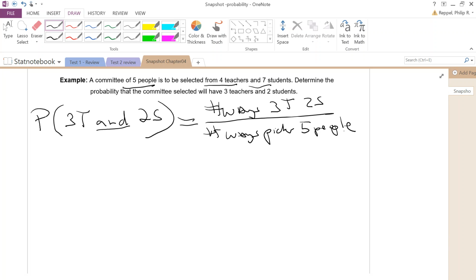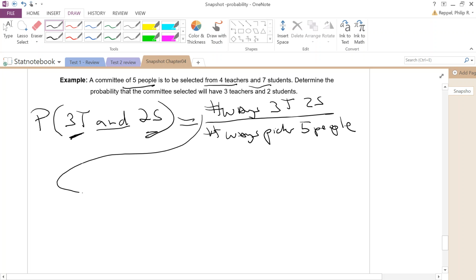I just need 5 people. But I'm asking the chances of getting 3 teachers and 2 students. Well, look at the numerator. I need 3 teachers, right? I need 2 students. The teachers come from 4 teachers. The students come from 7 students.